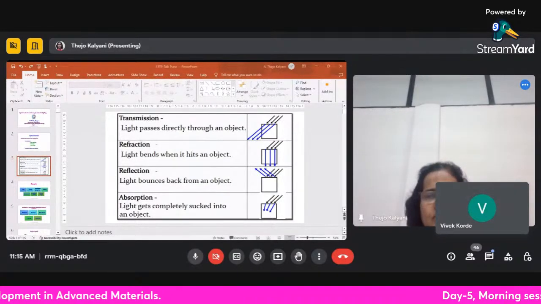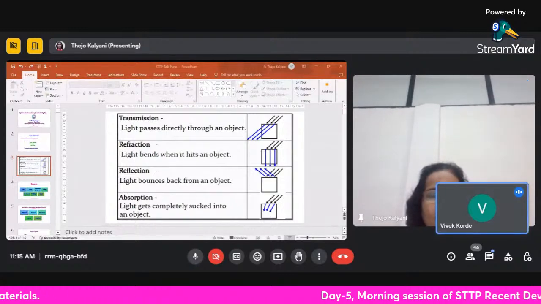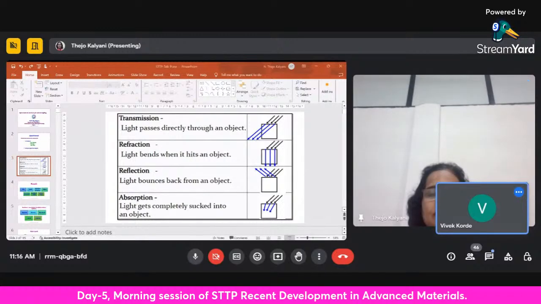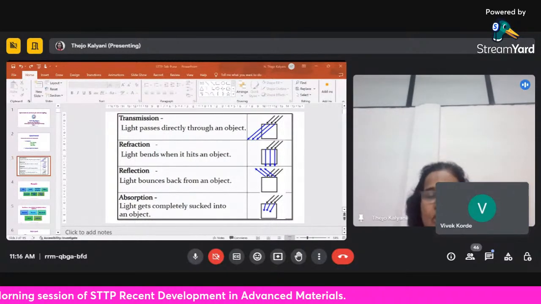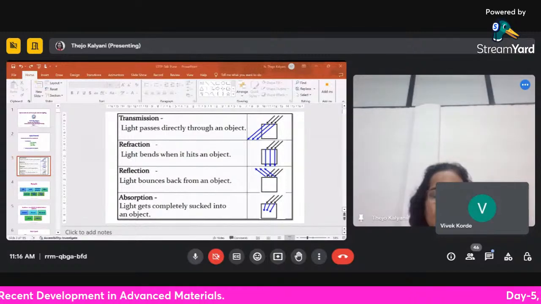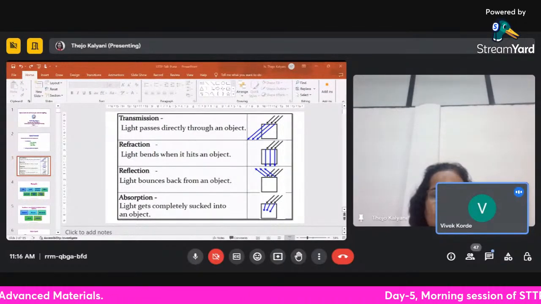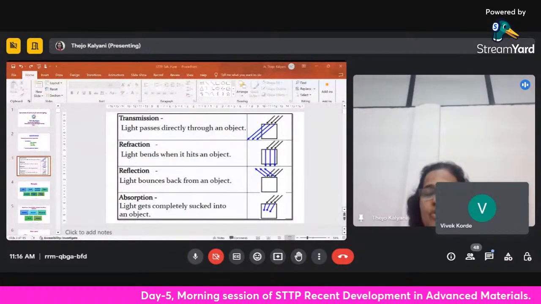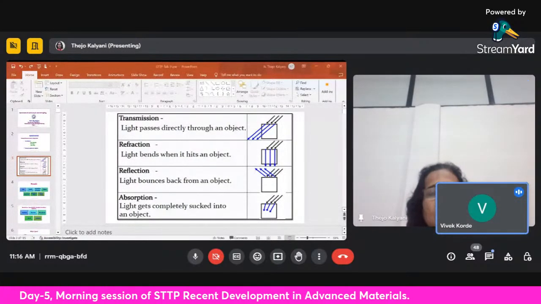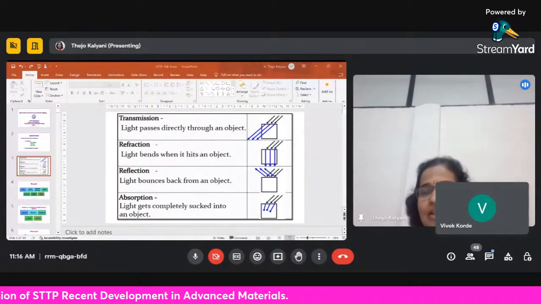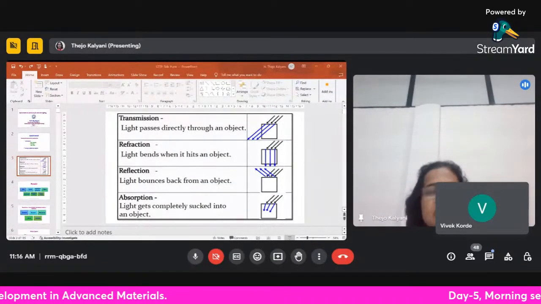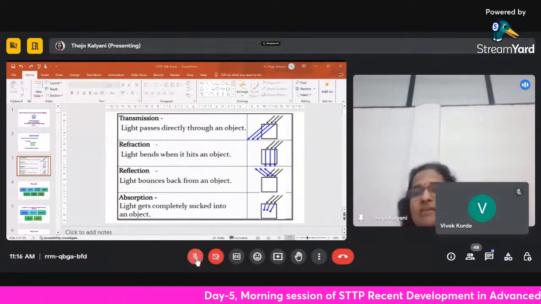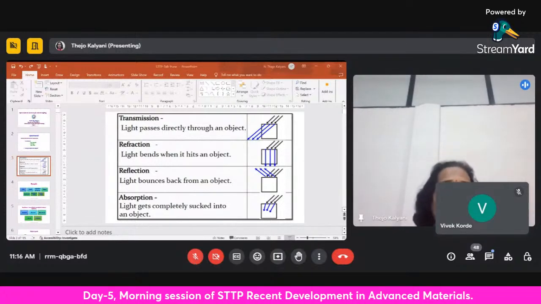Okay, I think it will do, no? It will take time now to do all these things. So what are you able to see? How are you able to see my presentation? Now, is it on the second slide? The transmission, refraction, what are you able to see? Yes, the same thing. Maybe there is a time lag. It may take some time. I'll be changing the slide slowly so that it will cope up, I think. Okay, we'll see for the next slide and take the necessary action.